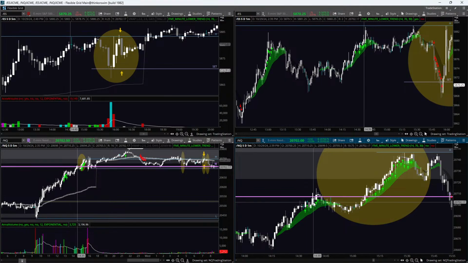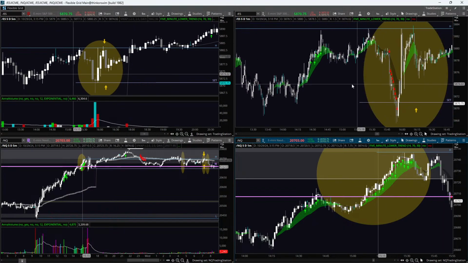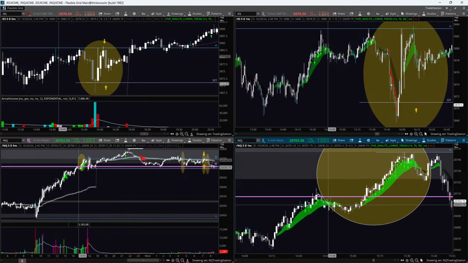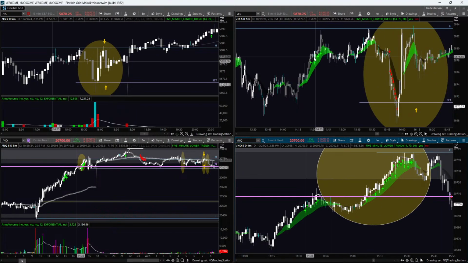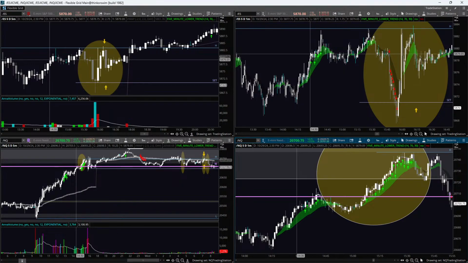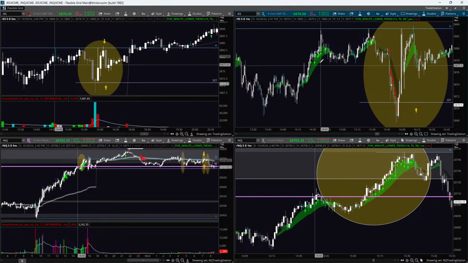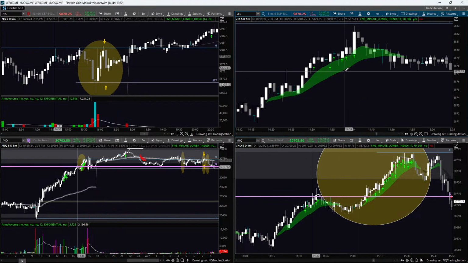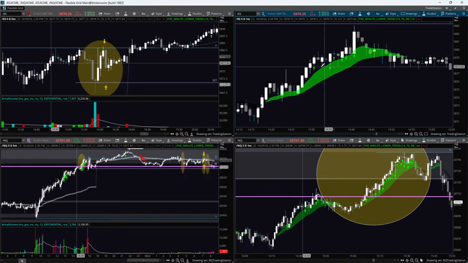Bit of cluster. Like we cleared. No, we didn't clear. Didn't clear the cluster here. Very odd cluster.